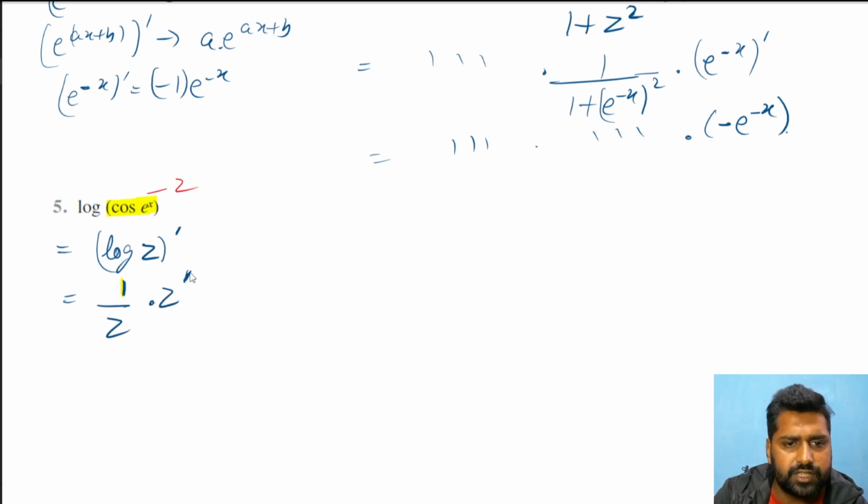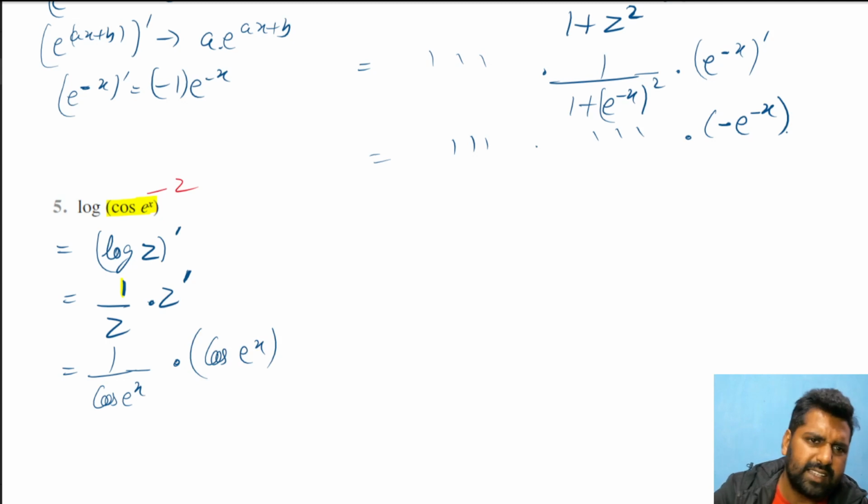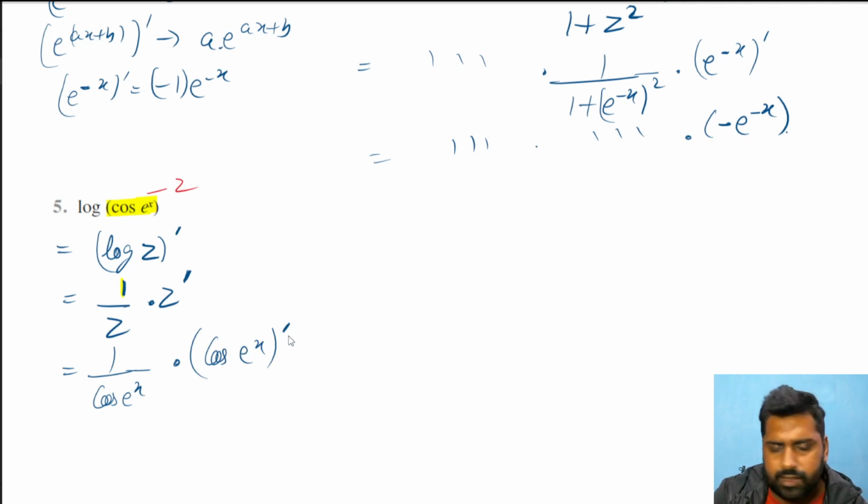Additionally, every time we differentiate z, we multiply z dash with it. Okay. So 1 by z here means 1 by cos e raised to power x. Remember, e raised to power x is inside cos, and then differentiation of cos e raised to power x. And again same thing, you have to differentiate this now, cos e raised to power x. So what is the first function? Cos. Leave it.